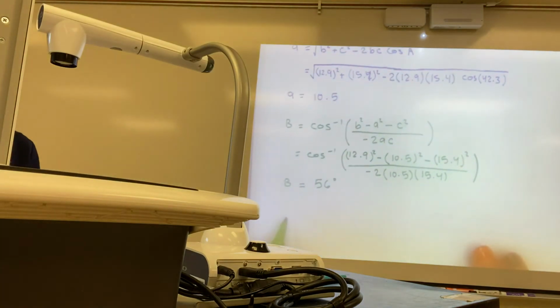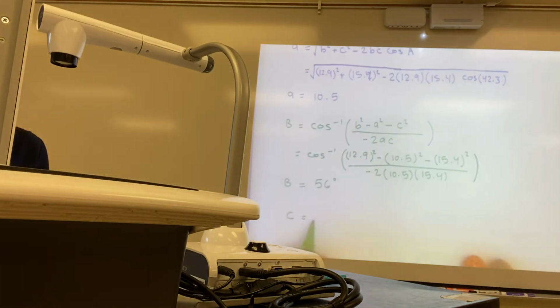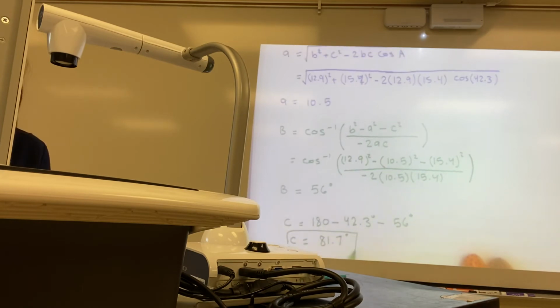So I will just say angle C is 180 minus A, which is 42.3 degrees, minus B, which I found right here, and that should be 81.7 degrees. That's it. I found all angles and all sides.